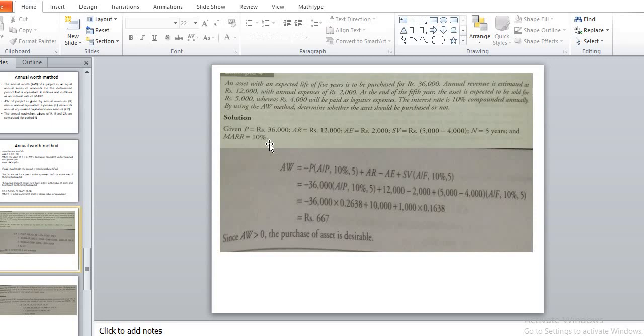We can calculate the annual worth by this formula.